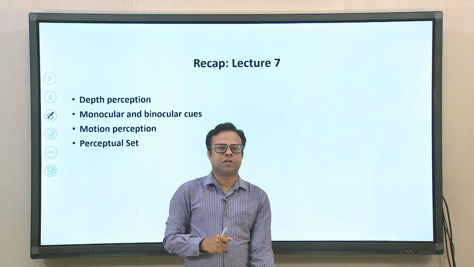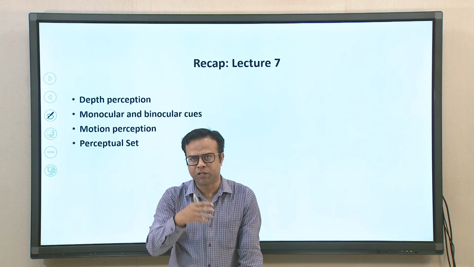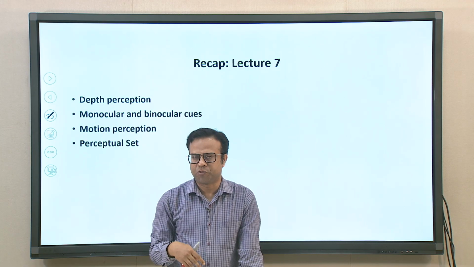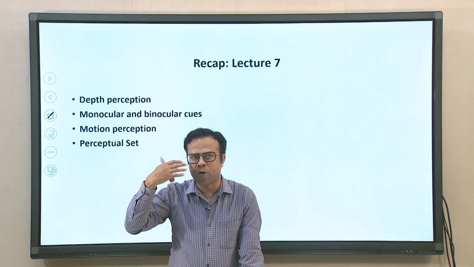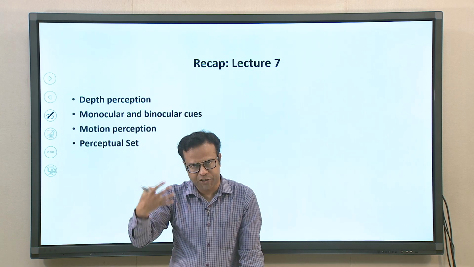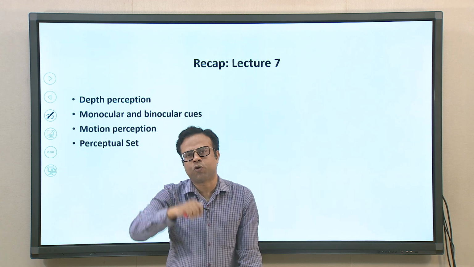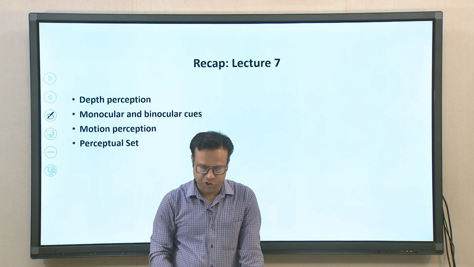We also discussed motion perception, how we perceive motion in the world around us. At the end we discussed the concept of perceptual set, which is a top down process, where our beliefs, our expectations, and whatever knowledge structure we have influence what we perceive in the world. Those concepts we discussed in the last lecture.